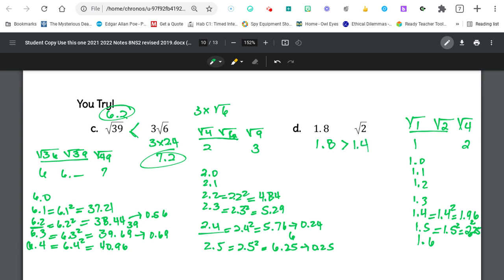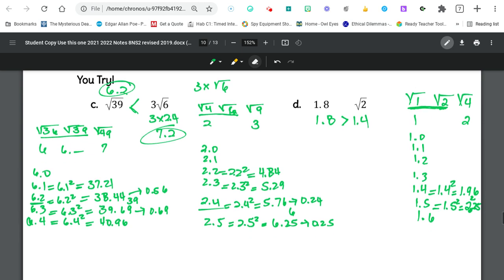I could have deduced that, though, before checking all of these, because I already know the square root of 2 is really close to the square root of 1. So it's going to be really close to 1 versus 1.7, 1.8, 1.9. I know those are going to be greater because they're closer to 2. And the square root of 2 isn't close to 2, it's close to the square root of 1, which is 1. So reasoning skills, I knew 1.8 would be greater. The square root of 2 would be less.